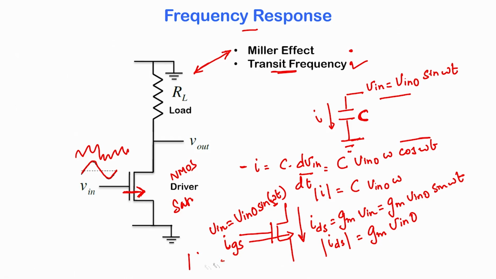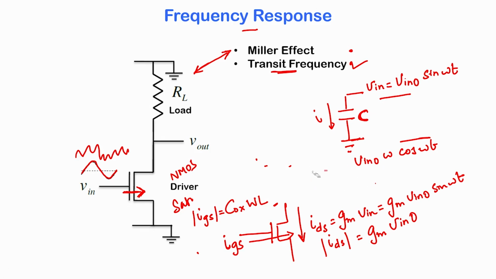So, the magnitude of IGS is going to be the gate capacitance, which is nothing but Cox into WL. So, that is going to replace the term C here.